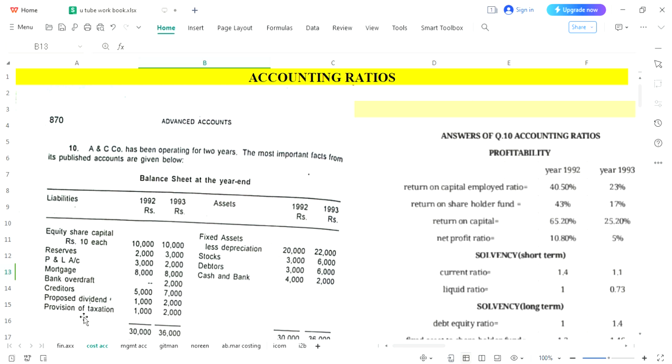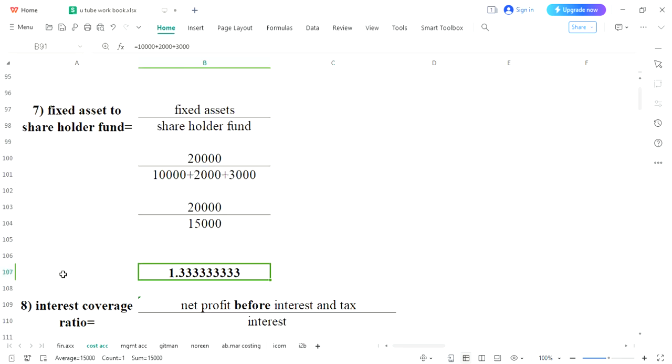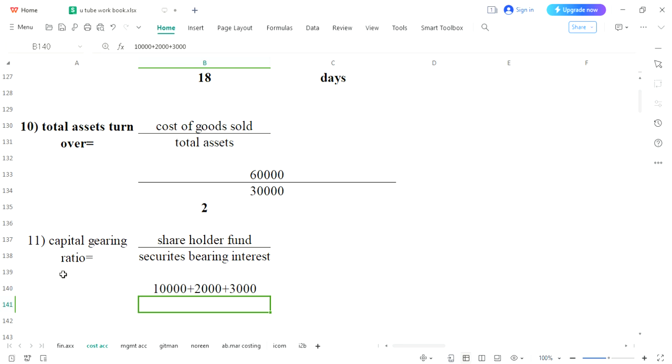Creditors, dividend, taxation, no, no, no, no. Only mortgage. This mortgage is a security upon which interest is paid. Please understand, upon 8,000 interest would be charged. So mortgage is the only security where interest is paid. So you will put 8,000 as mortgage bearing interest.